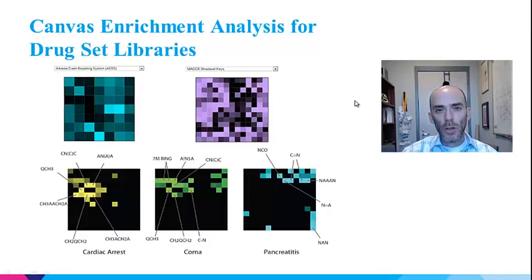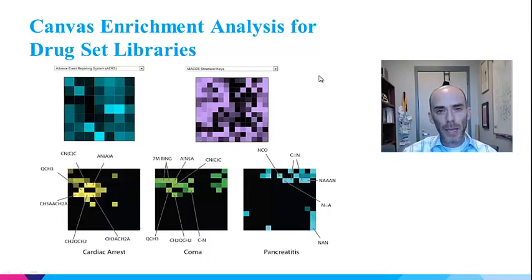And then we tried to cross-reference or merge this drug set library with the structural element drug set library that was created by chopping the structure of each drug into pieces that represent chemical structural components, and then trying to apply the enrichment analysis for each list of drugs that are associated with a side effect onto the structural elements canvas.